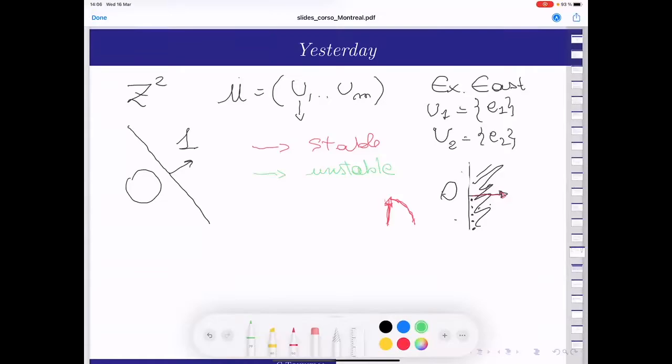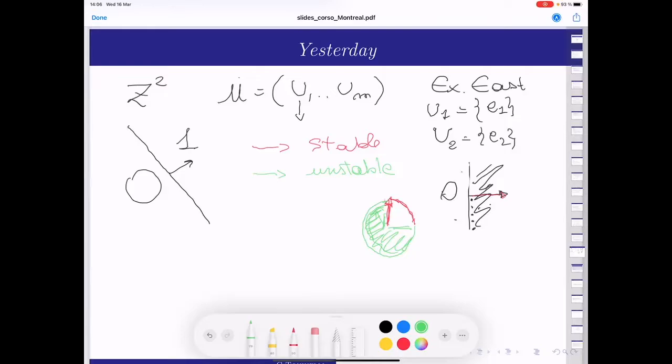Instead, you can see immediately that all the directions which belong to this other part of the plane are unstable, since the corresponding half plane configuration can evolve. This is the notion of stable and unstable directions.